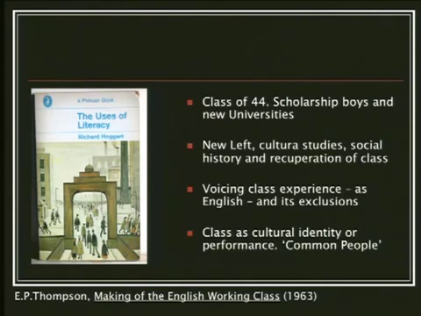These people very often become the leading intellectual figures in the formation of the New Left in the 1960s and involved in the student protests and the student movements of the 1960s. They also go on to have a very important role in creating new subdisciplines, and I'm going to talk about two in particular. The first is cultural studies, and the other is social history itself.